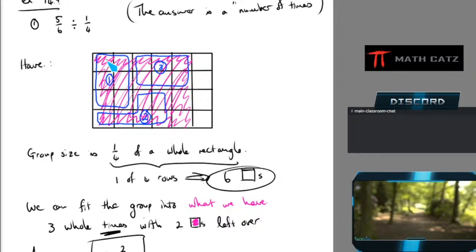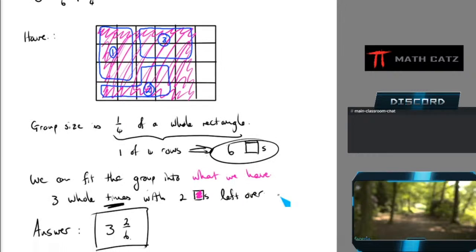I'm just doing a manual, basic, fitting in the groups visually, seeing it one by one. It's even easier to understand. And then I just have to get to grips with what my answer is saying. And what kind of answer is this in reference to? It's a number of times it can fit, or the number of groups that can fit according to the instructions.